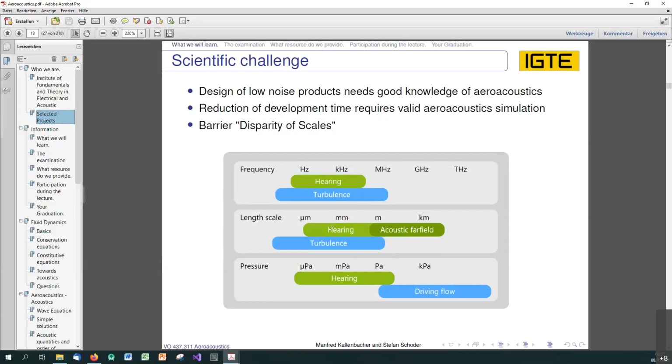Hearing was just expressed as it's more or less the organ, so where you hear, and the acoustic far field is how far acoustics travels. That was the only thing about differentiating there. Yep. Any other question?